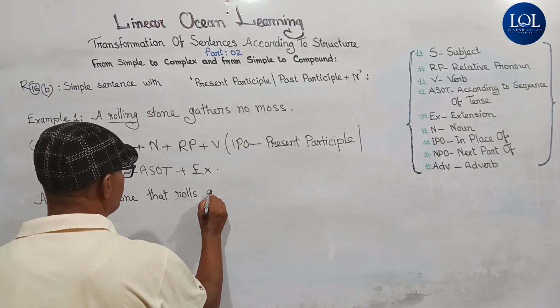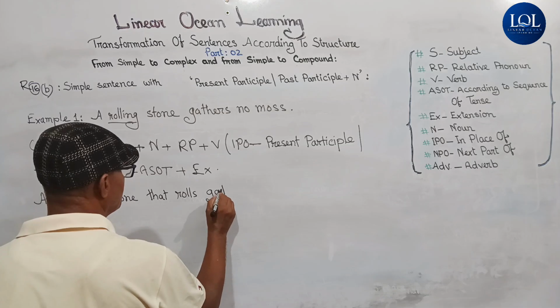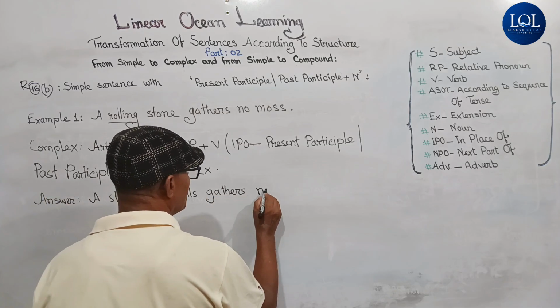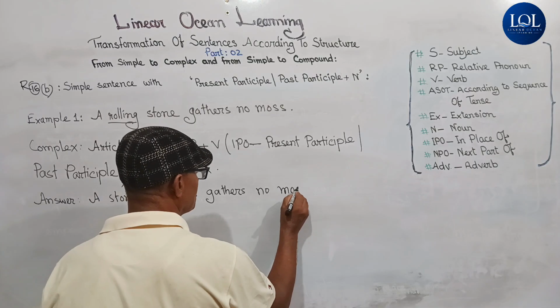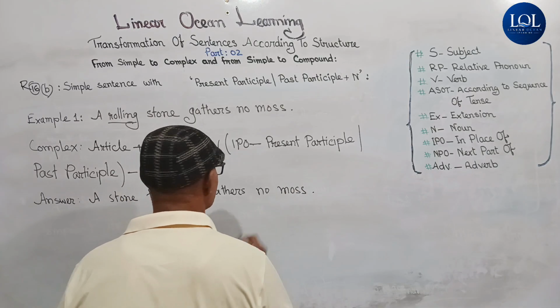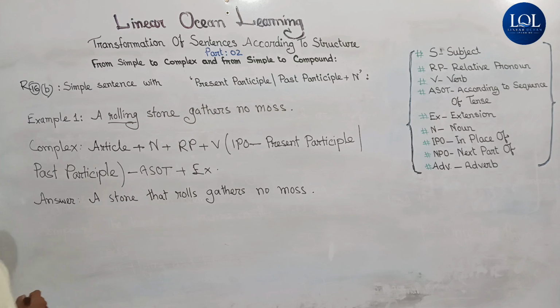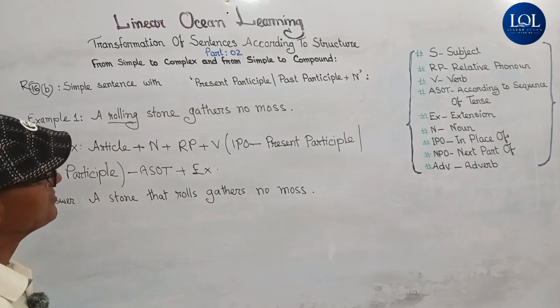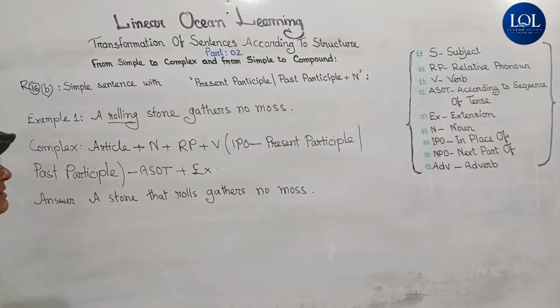Gathers no moss, extension. Compound will not be there because simple sentences with present participle or past participle plus noun are not in practice to be put into compound sentences.